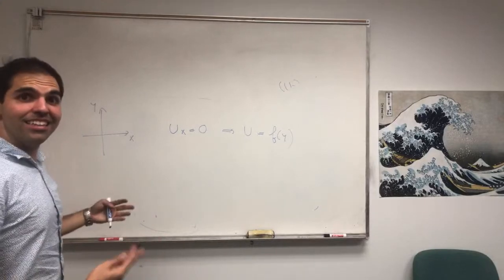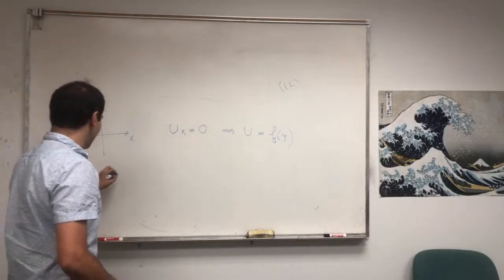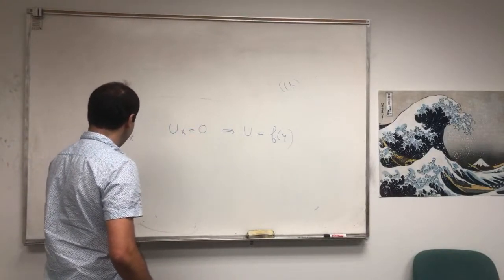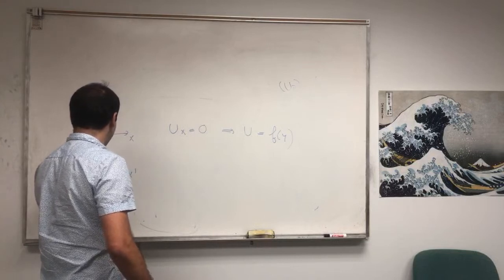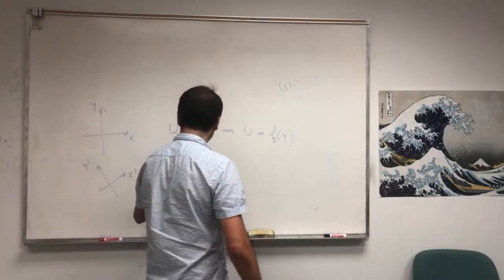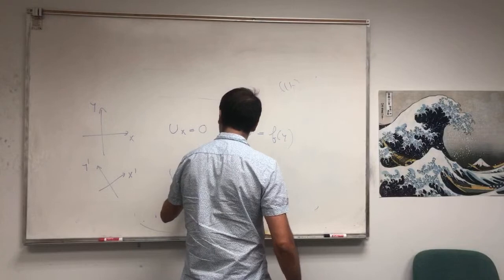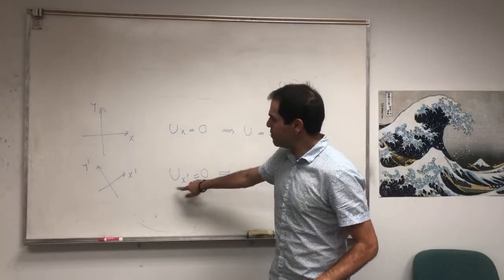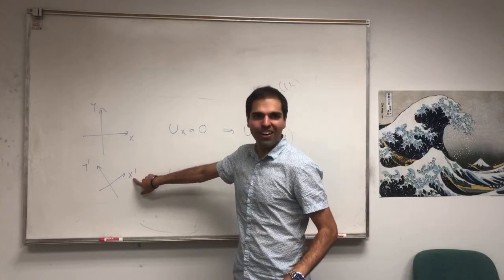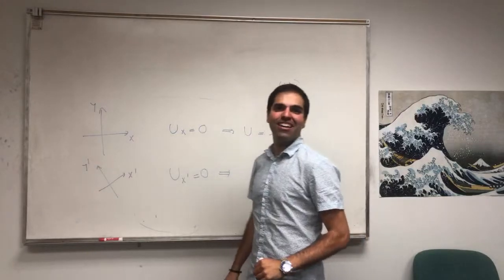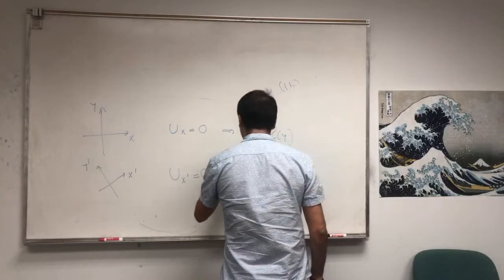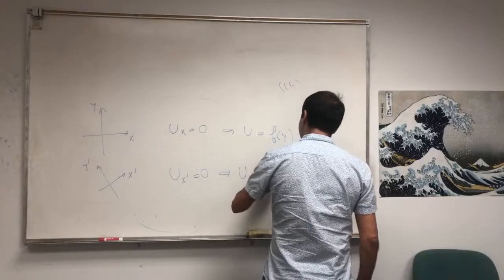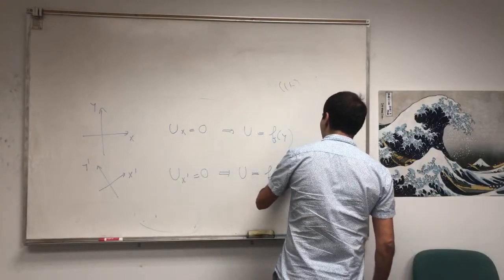Well, it's exactly the same for the other one. So if we have our axes, let's say x prime, y prime, well, eventually we found u_x prime equals 0, which means u doesn't depend on the x prime variable at all, so it has to depend on the other variable y prime. So in other words, in that case, u is f of y prime.